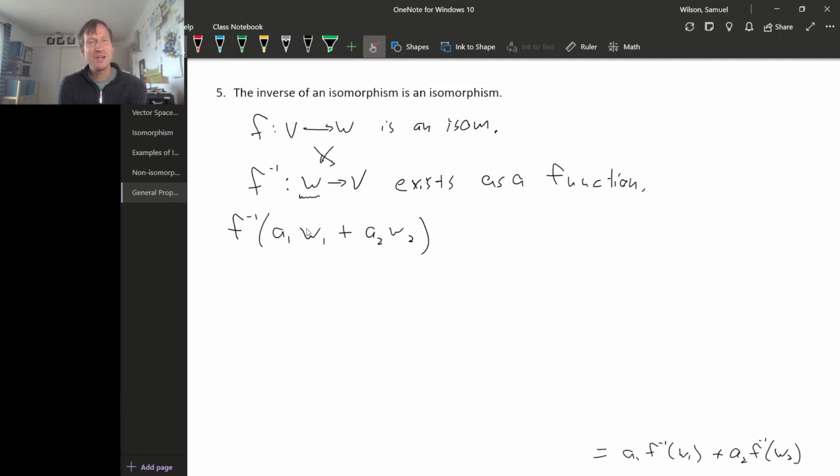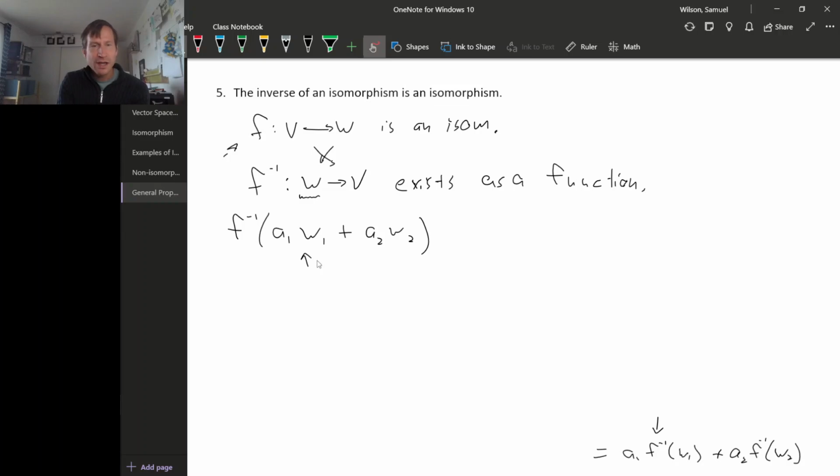Well, we know that f is an isomorphism, so probably what we want to do is somehow use the fact that f preserves structure, but to make that happen, we need to make f show up somewhere. And it's a little hard to know where to make f show up, but we want f inverse to show up right here, ultimately, by the time we get to the end.